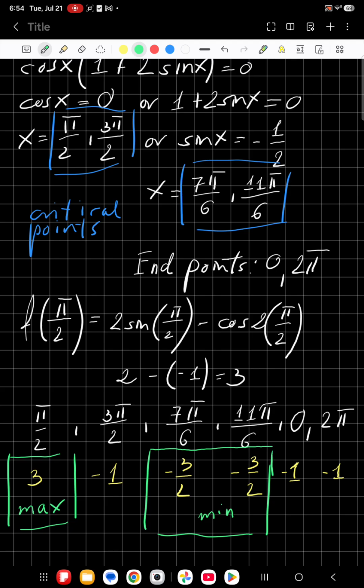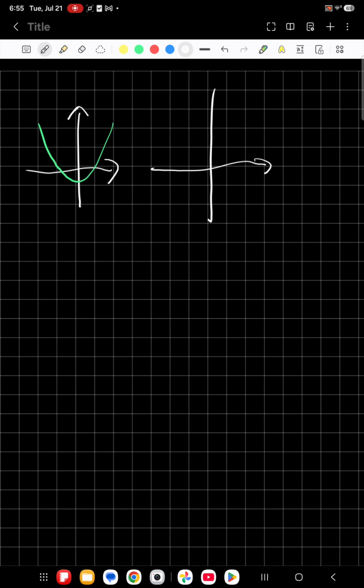Okay, so that's the end of this section. And let me just remind you quickly what we did. So we have maxima and minima. If I have a function that looks like this, it would have an absolute minimum.